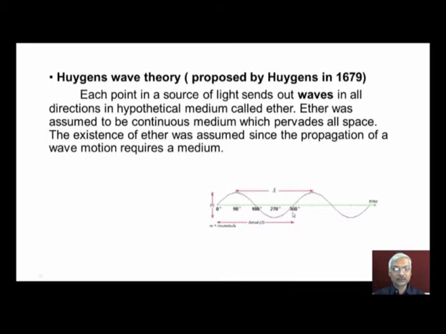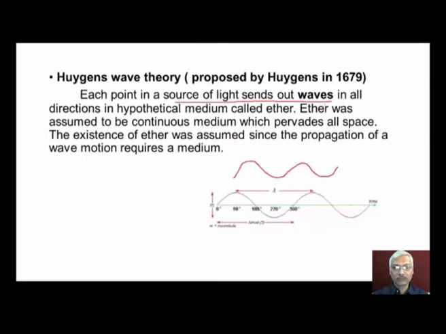Now there is another theory called Huygens wave theory, proposed by Huygens in 1679. According to this theory, each point in a source of light sends out waves. You can see here the light moves in the form of a sinusoidal wave like this.